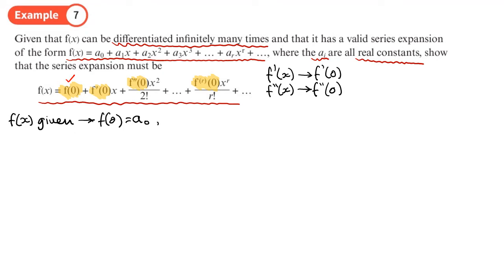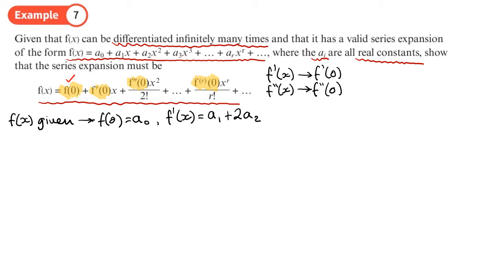So we need to differentiate f of x, and we need to find f dash of x. If you do that, the first term disappears. This just becomes a1, the next term. Then the next term becomes 2a2x.